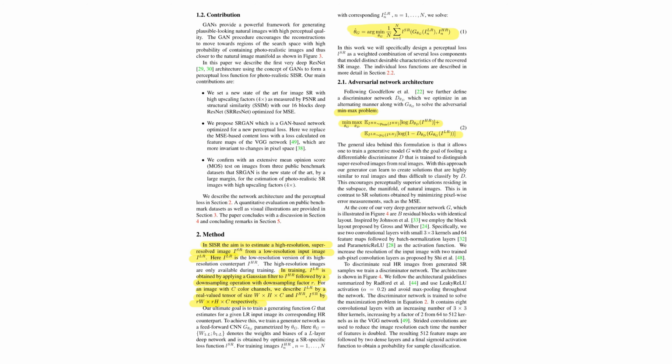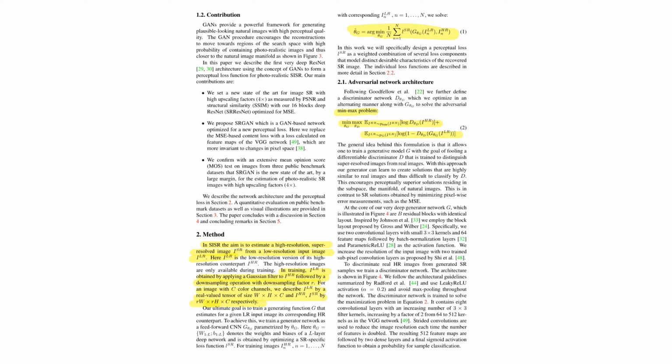Now, let's move to the method. When working with super resolution, the goal is simple. Take a low-resolution image denoted by I_LR and transform it into a high-definition, super-resolved image labeled I_SR. Yet the ultimate measure of success lies in how close I_SR comes to its original high-resolution twin, I_HR.